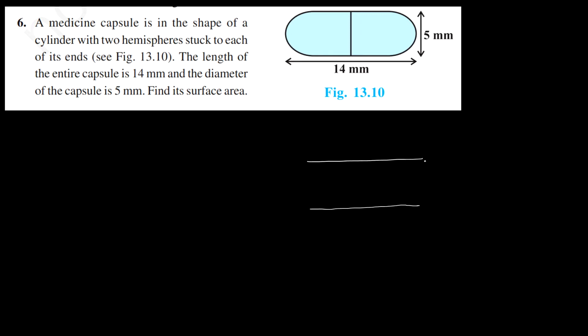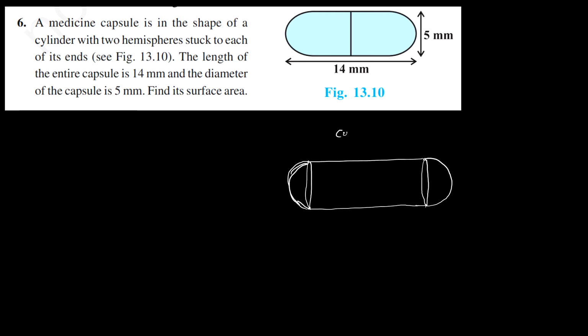I am redrawing the medicine capsule. So this is the part of cylinder, and at each end it is having a hemispherical shape. Since this is a hemisphere, I'll draw like this so that you can identify which shapes are there.